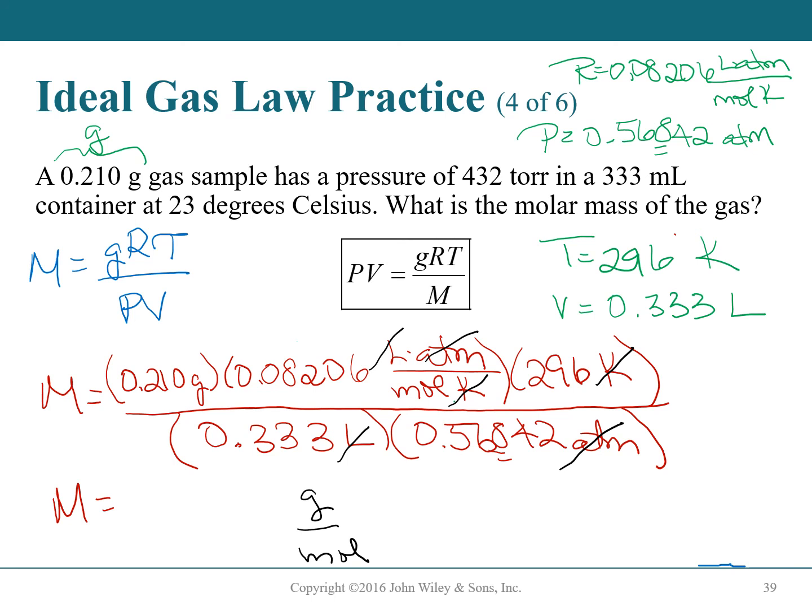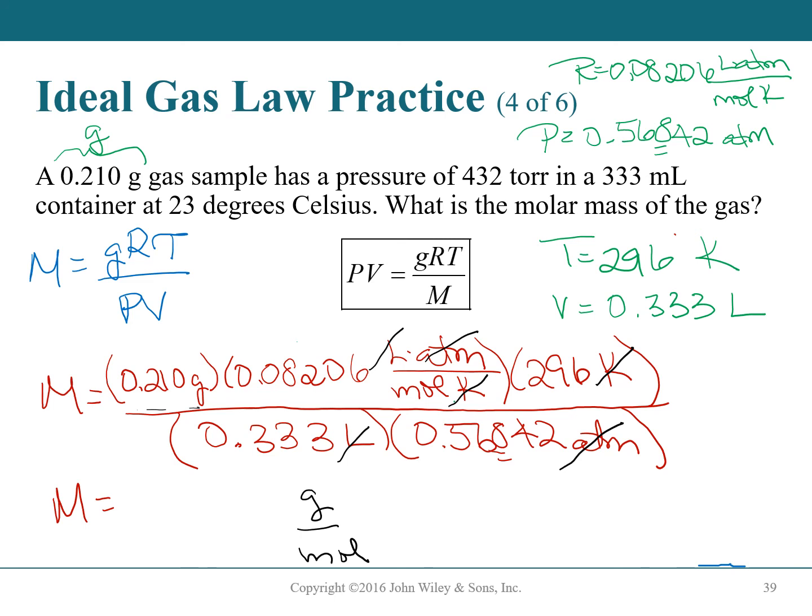So my units will be in grams per mole. That's good. We'll multiply it out, but notice I have 3 significant figures. So 0.210 times 0.08206 times 296 divided by 0.333 for my volume in liters and 0.56842 for my pressure.